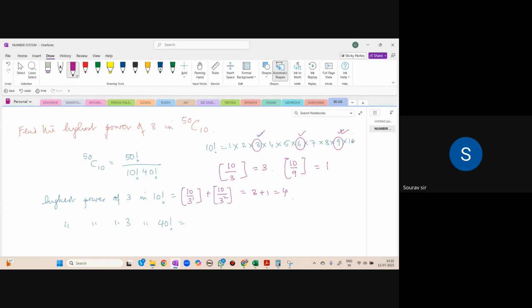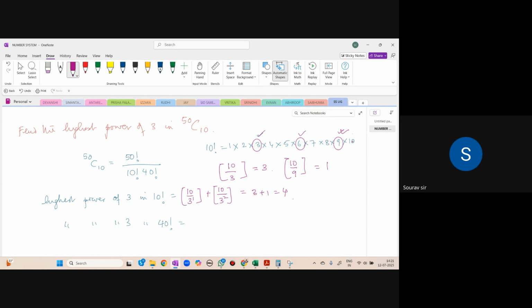So this is the logic. You divide 10 by 3 and take the integer part. That gives you the number of 3's you get from 3. You divide 10 by 9, you get the number of 3's you get from 9. So 3 plus 1, 4 3's.